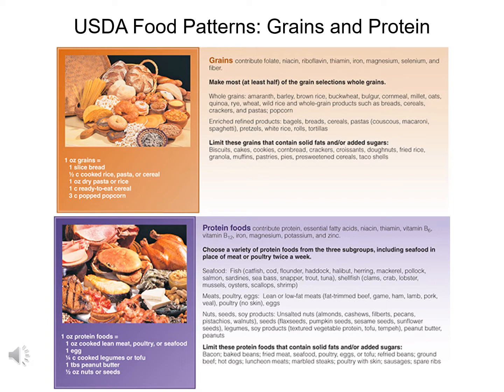The next food group, these are the proteins. And these are also subdivided into different groups. These include seafood, meats, poultry, as well as eggs as the second subgroup, and then nuts, seeds, and soy products. These protein sources are grouped together based mostly on the type of fat that they contain, meaning are they higher in saturated fat versus unsaturated fat.